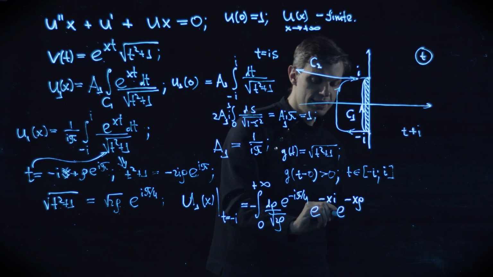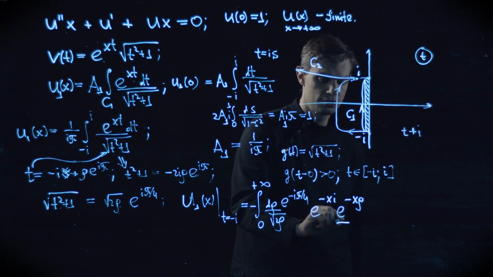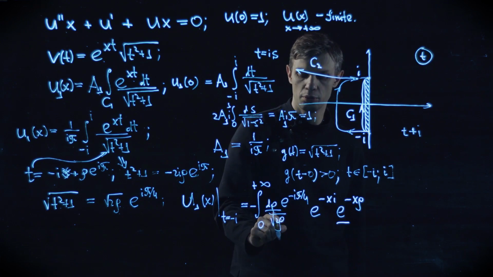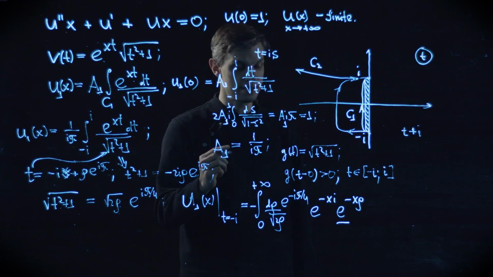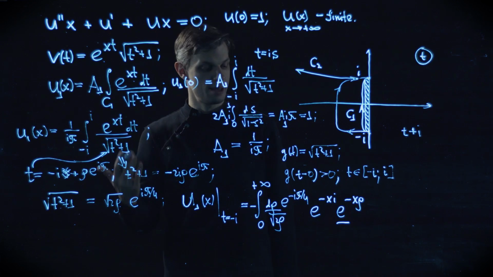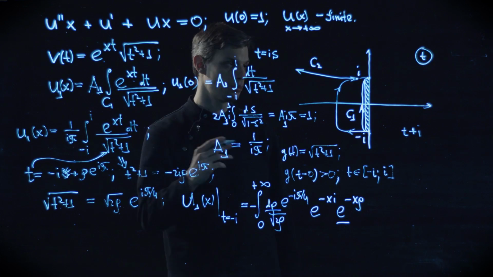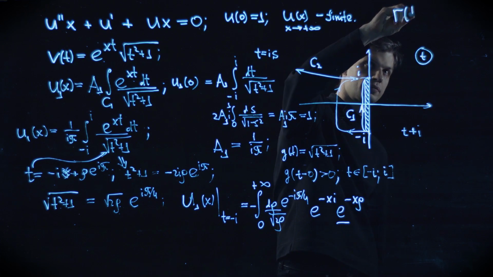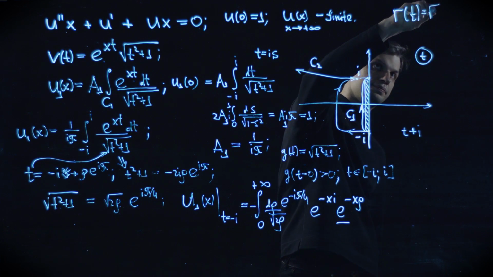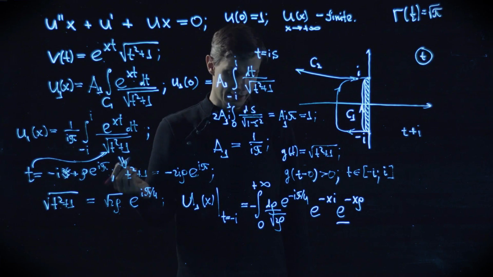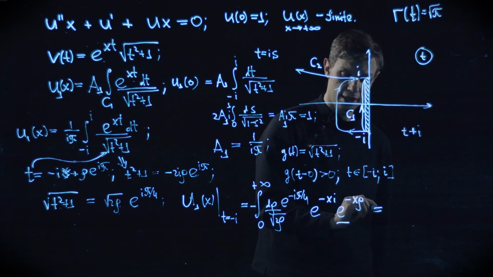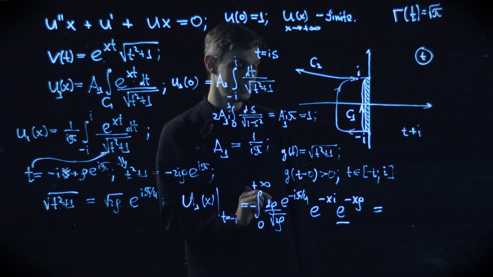So what do you clearly see here? e to minus x rho over square root of 2 rho, the integral from 0 to plus infinity. It's a simple gamma function of 1/2. And the gamma function of 1/2, probably you remember, is the square root of pi. So here it is. It seems that we are done.